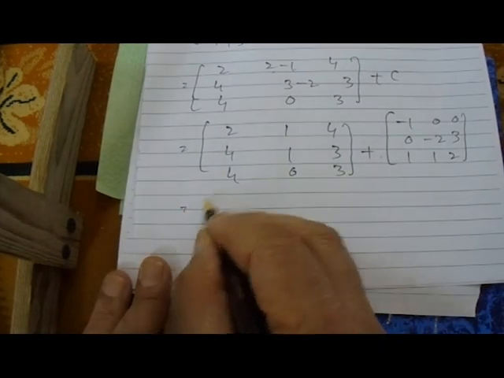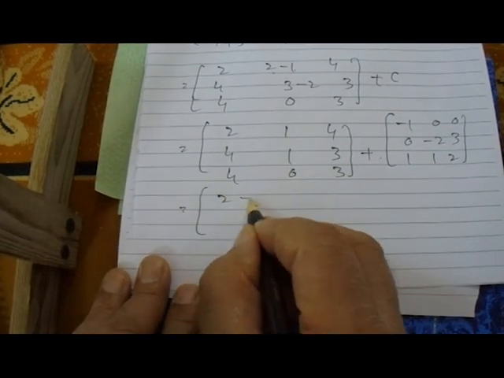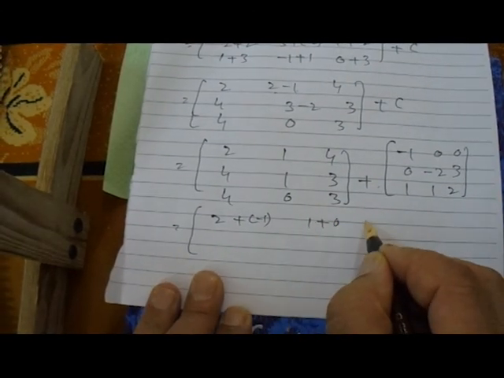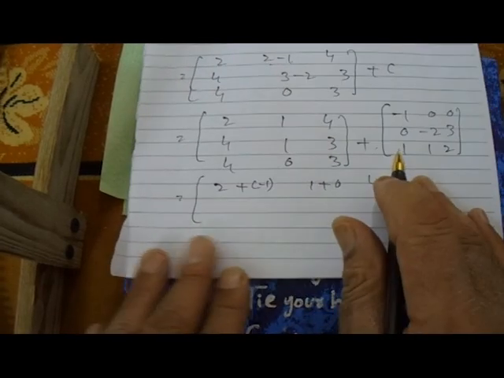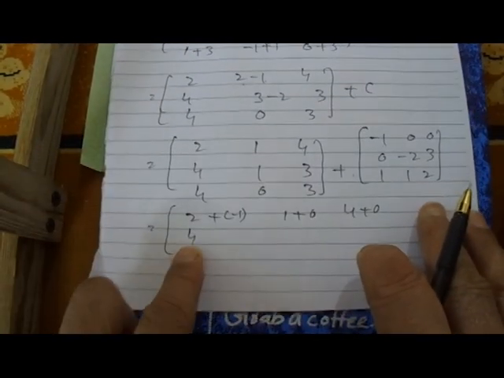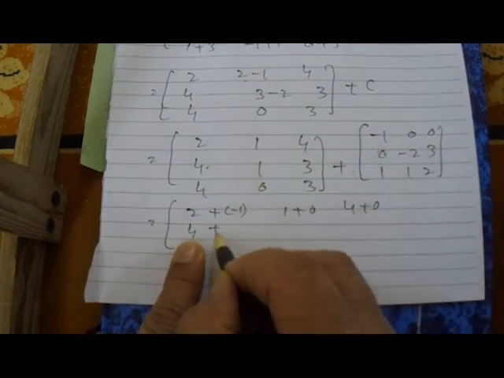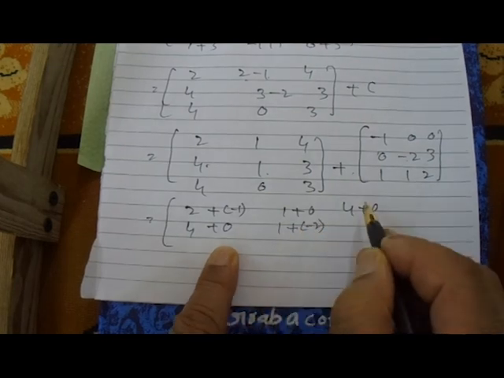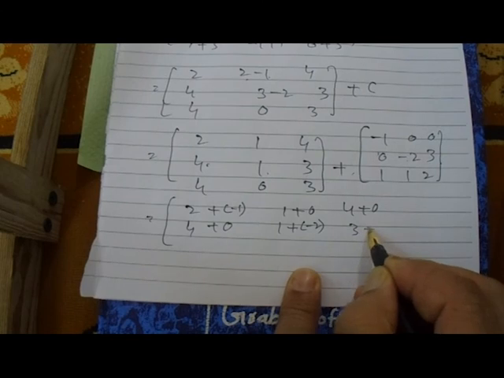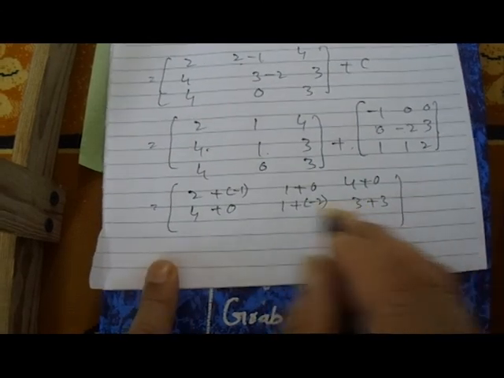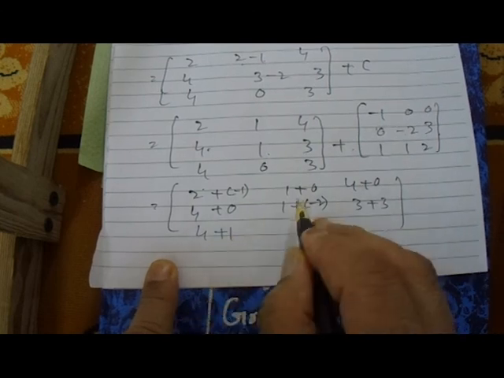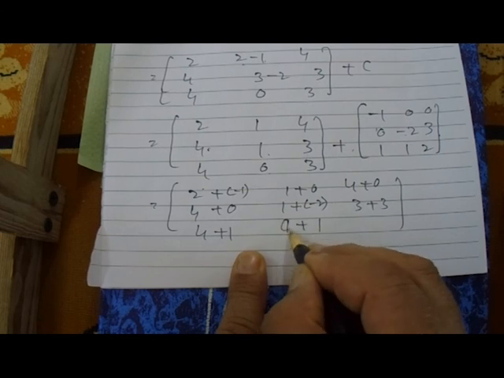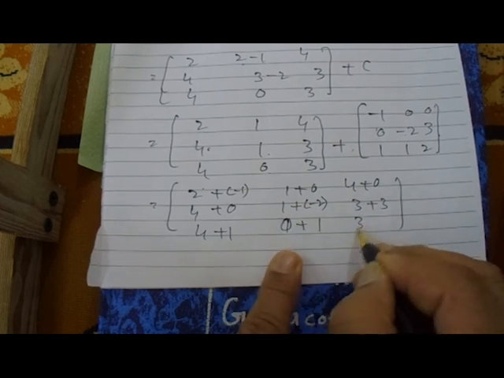Now we add this matrix, 2 plus minus 1, again 1 plus 0, 4 plus 0, again 4, 4 plus 0, again 1, 1 plus minus 2 and 3 plus 3, 3 plus 3. Now we write 4 plus 1, 4 plus 1 and, sorry, 0 plus 1, 0 plus 1 and 3 plus 2.